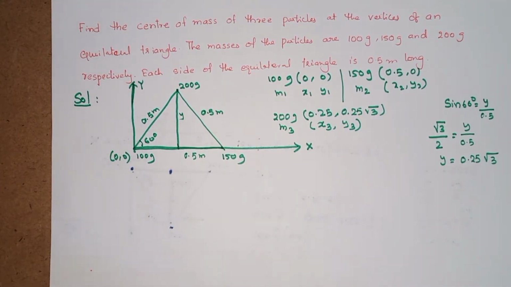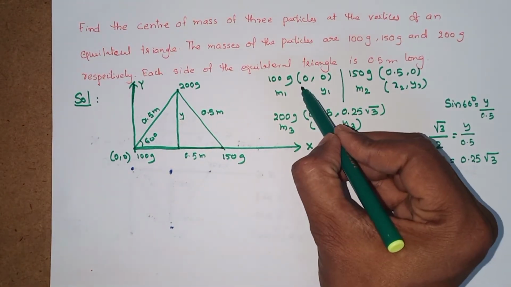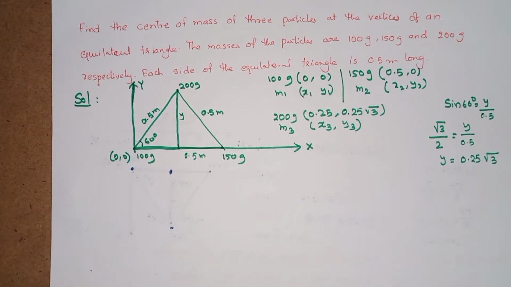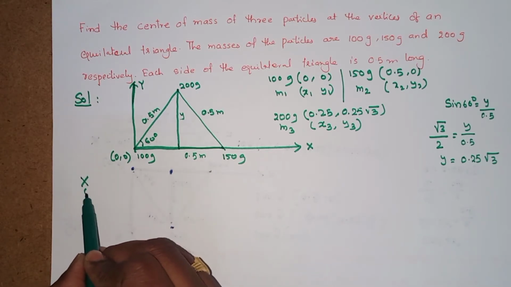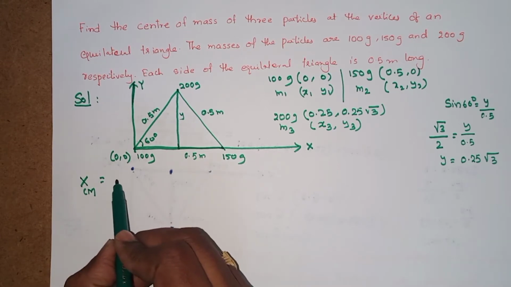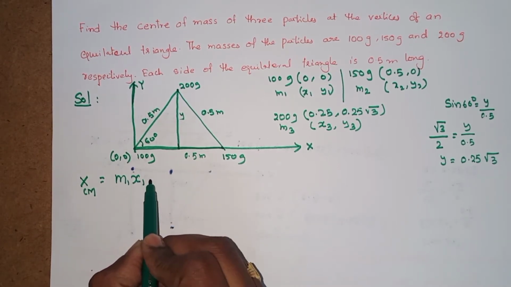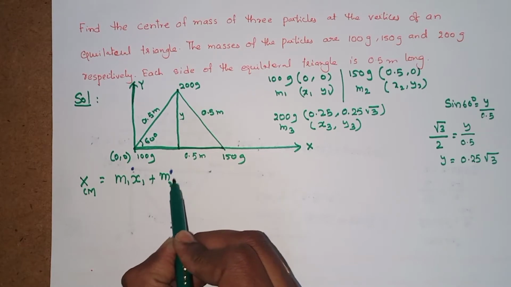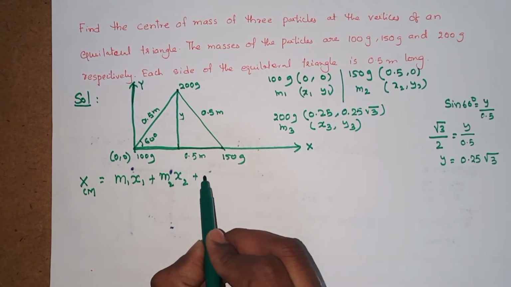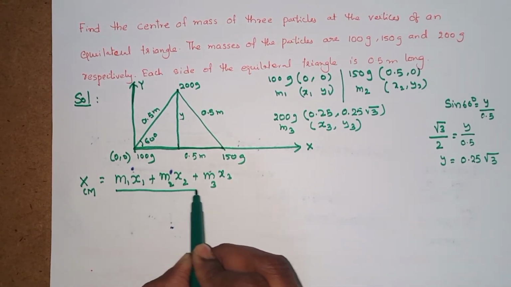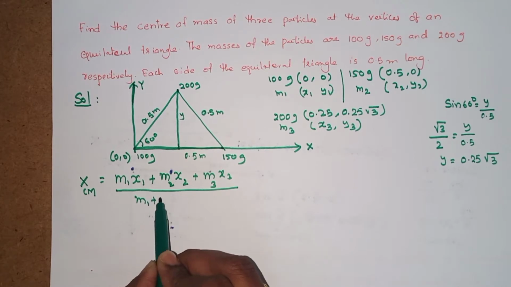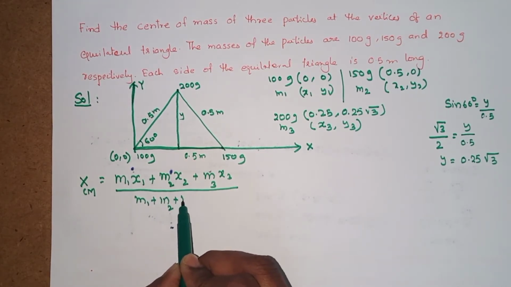So we know M1, M2, M3, and we also know x1, y1, x2, y2, x3, y3. Simply substitute into the formula. XCM, the center of mass, is equal to M1 x1 plus M2 x2 plus M3 x3 by the total mass, M1 plus M2 plus M3.